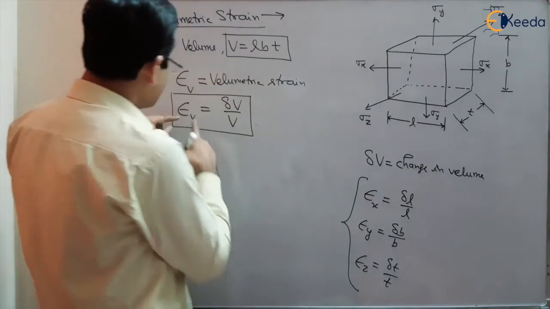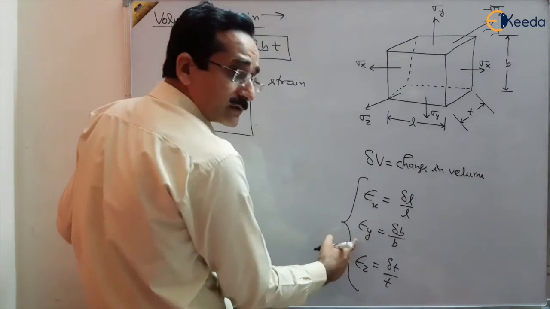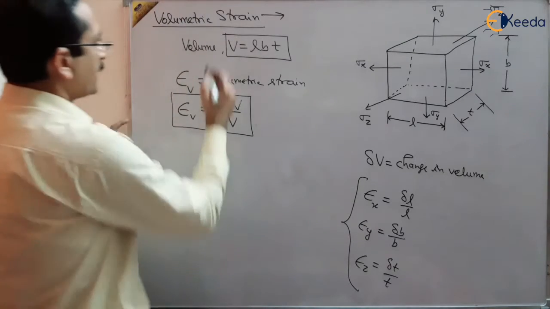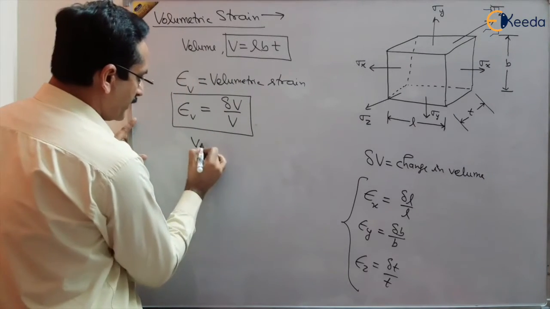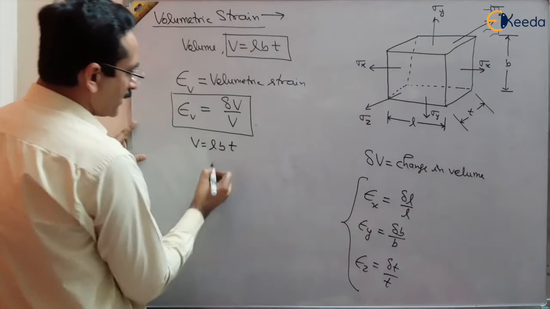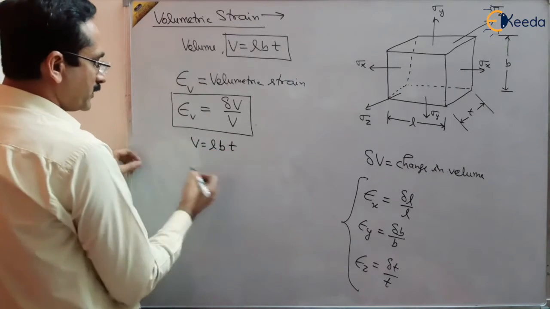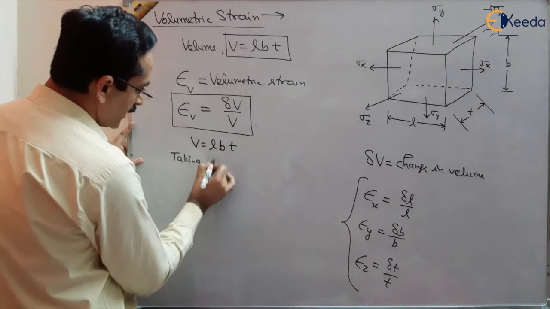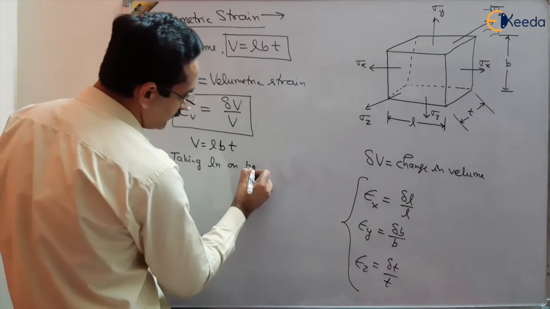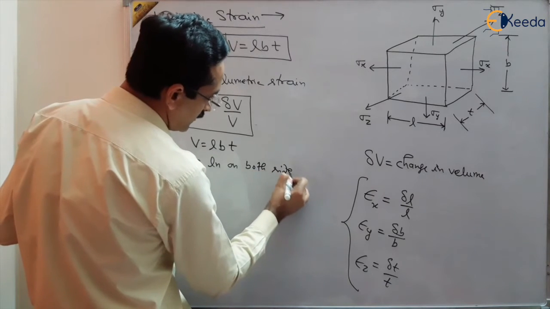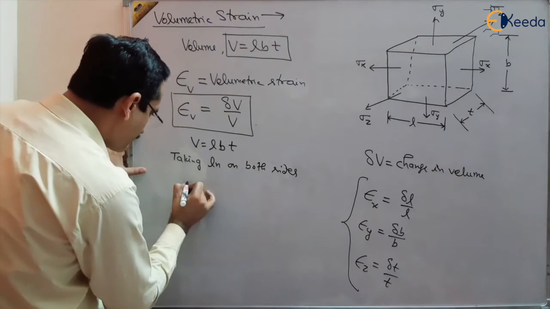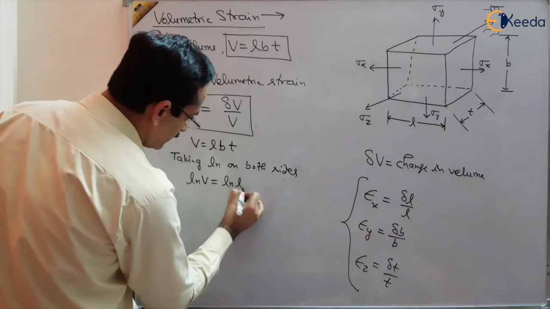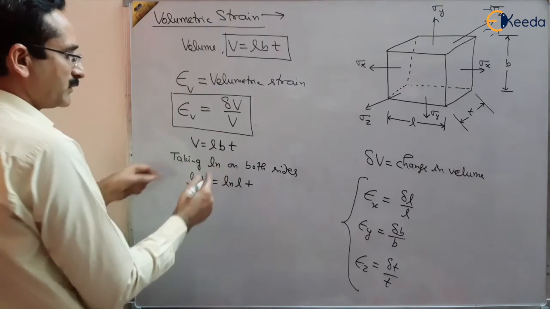Now we want to relate this epsilon V and epsilon X, epsilon Y and epsilon Z. How we can relate? We know volume V will be equal to LBT. We can take natural log on both sides. So we can write natural log of V should be equal to natural log of L plus natural log of B plus natural log of T, because LBT is a multiplication.